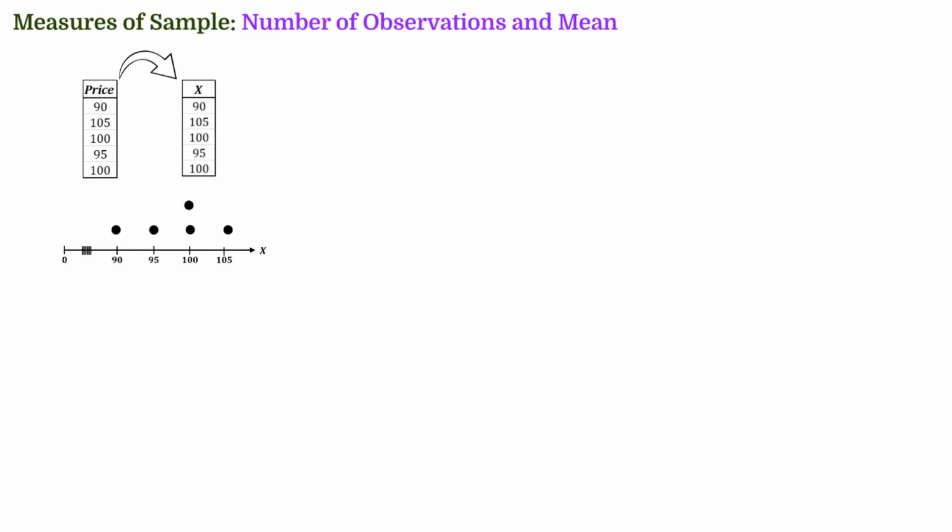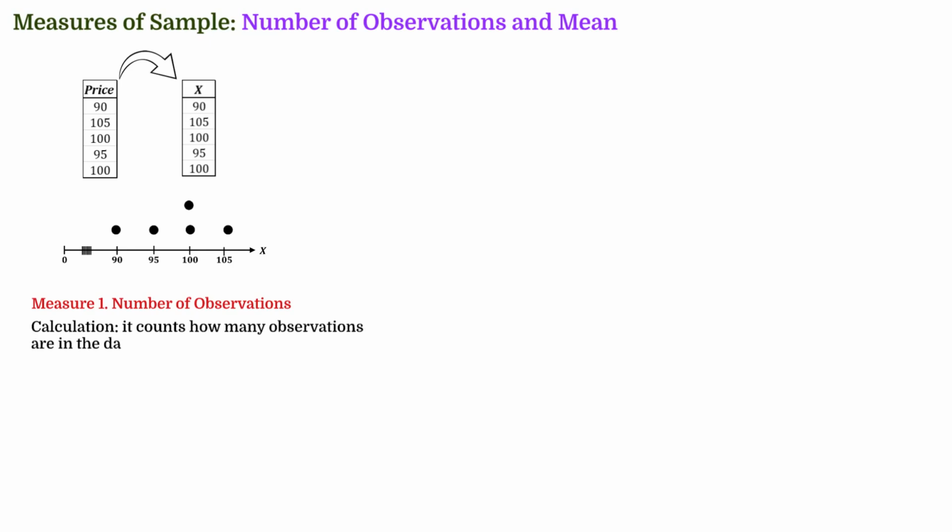Measures of sample, particularly number of observations, and mean. Here, house price data, we call it X. 5 houses prices are written here, and in this figure, we saw all the values of this variable. Measure 1, number of observation.